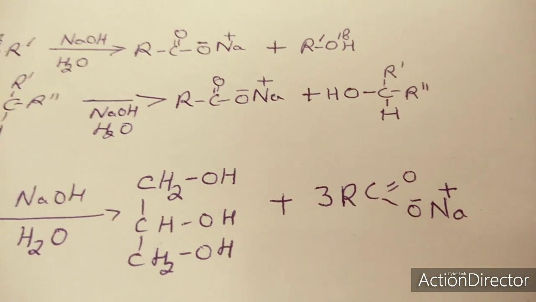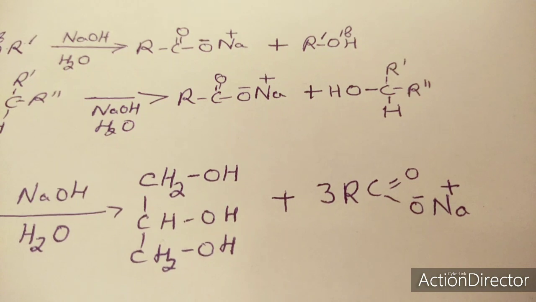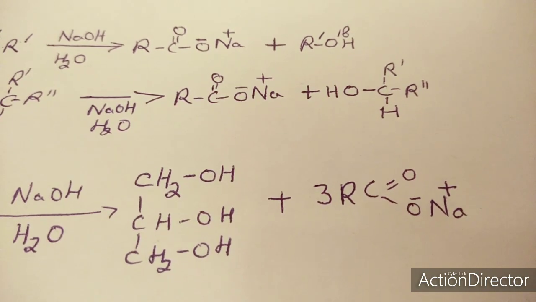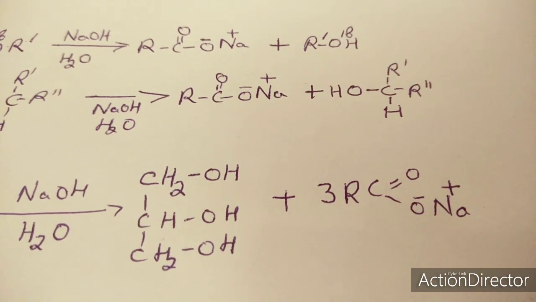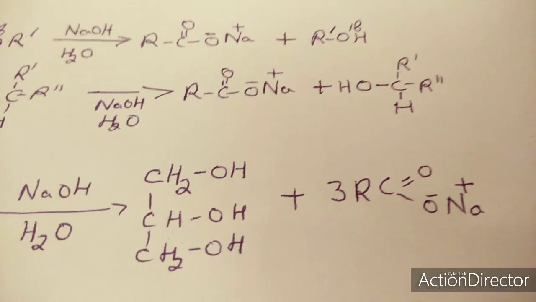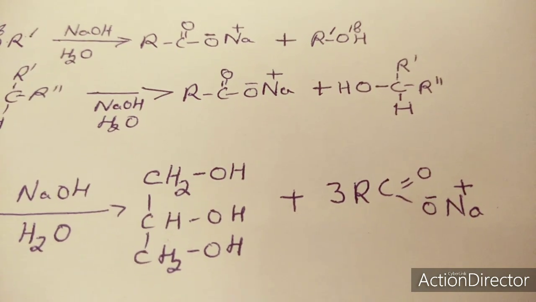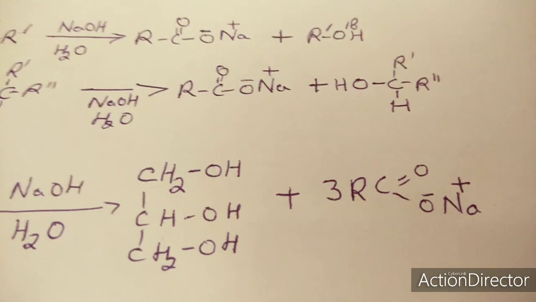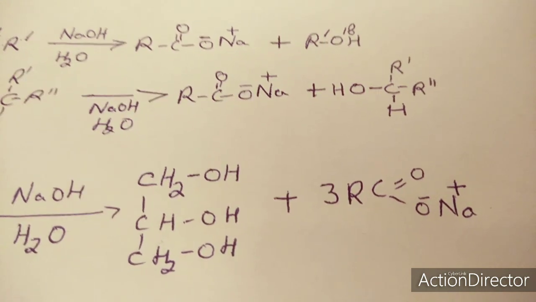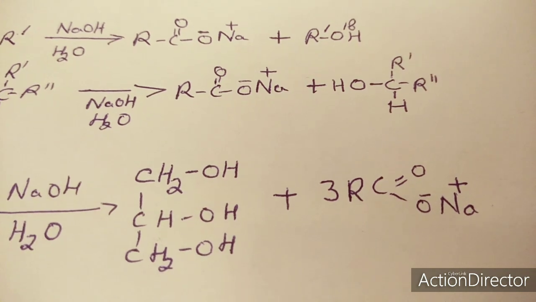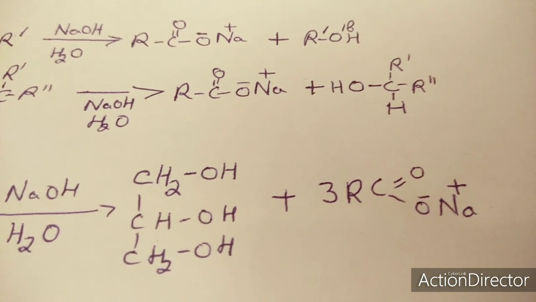Now this soap, as we can see, will have two ends. One is this ionic end, O negative, Na positive, the polar end. And the other contains a long chain carbon, R, indicating there are a number of carbon atoms. Therefore, this will have both a hydrophilic as well as a hydrophobic end. And this helps to dissolve the dirt and wash it away with the polar water, and helps it to dissolve in water.